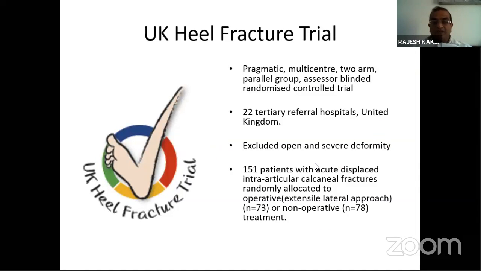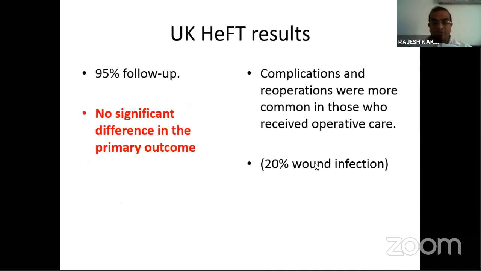The main thing that you would need to discuss would be the UK HEAL fracture trial, which was a randomized controlled trial, pragmatic, multi-centered, in which there were two arms, operative and non-operative. They had 22 tertiary referral hospitals included in that trial and 151 patients divided into the two groups, operative intervention being extensive lateral approach and the non-operative management option.